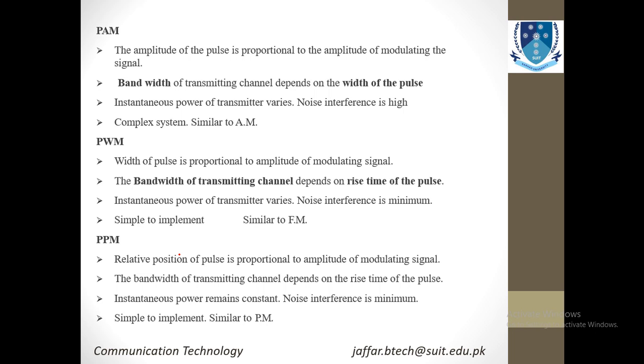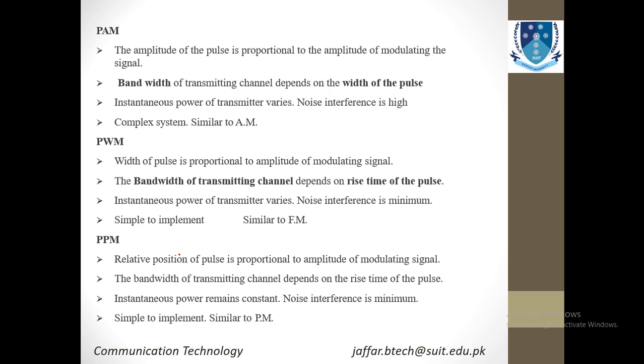It is a complex system and it is similar to AM. The next one was PWM, in which the width of the pulse is proportional to the amplitude of the modulating signal. The bandwidth of the transmitting channel depends on the rise time of the pulse, and the instantaneous power of the transmitter also varies. The noise interference is minimum, similar to FM, and it is also simple to implement.